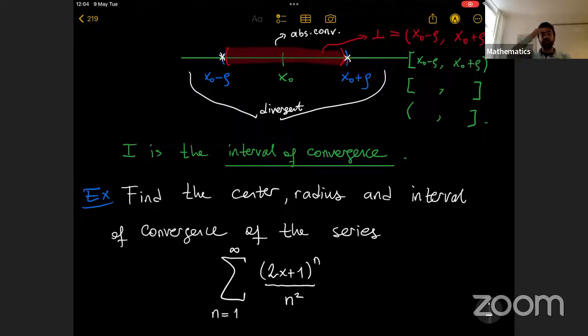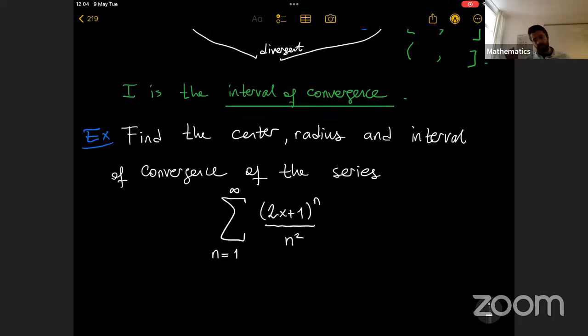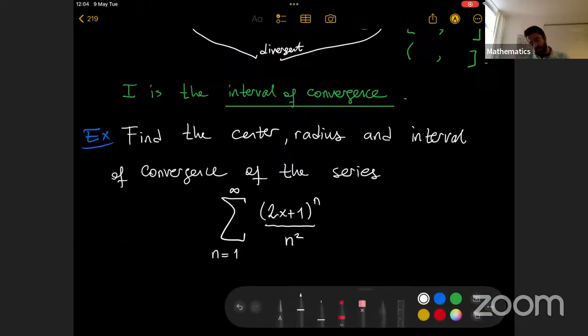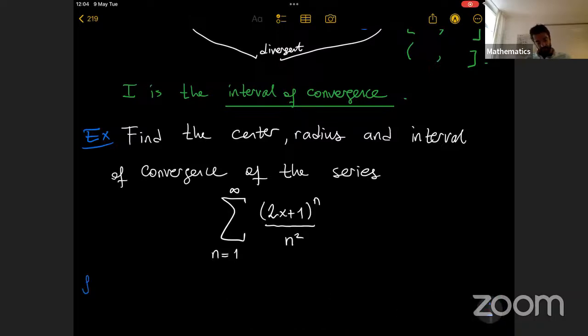Well, this series is not in the form of a power series. First, we will put this in power series form and then find the center, radius, and interval of convergence.